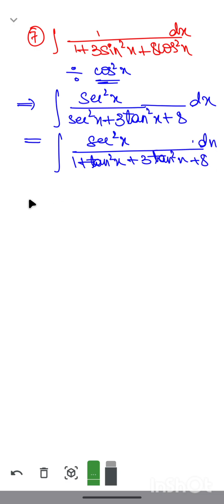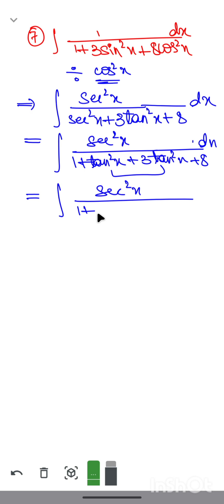So now you can rewrite the integration of secant square x divided by 1 plus tan square x plus 3 tan square x, which becomes 4 tan square x, plus 8, correct? Think once, cross check it again.